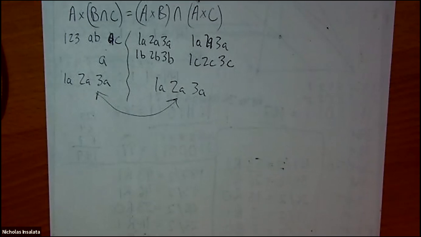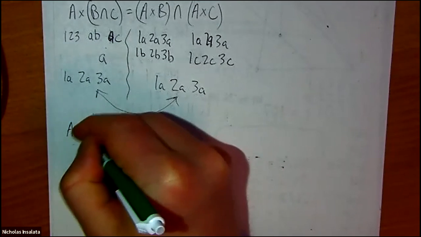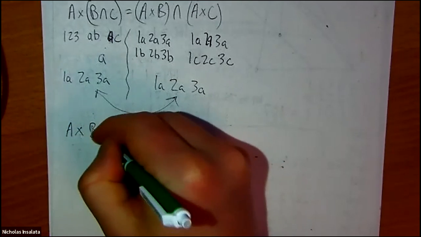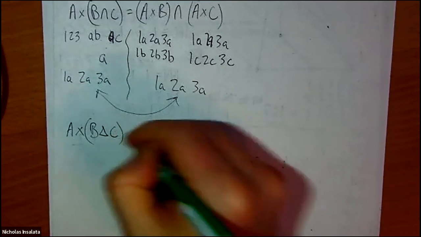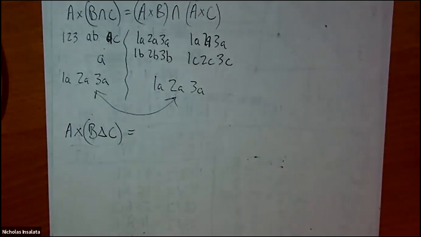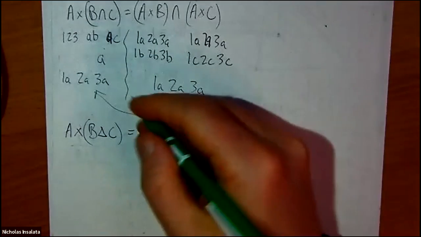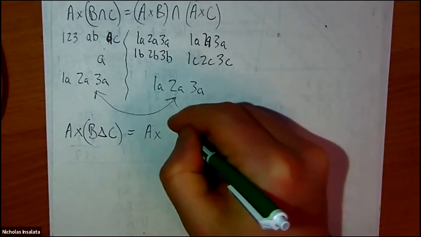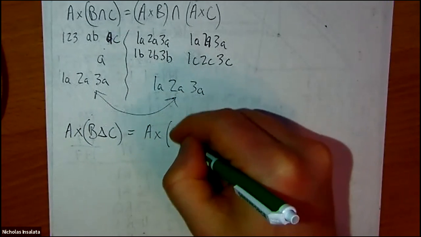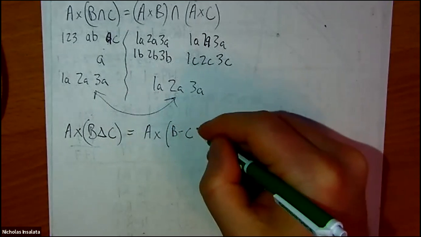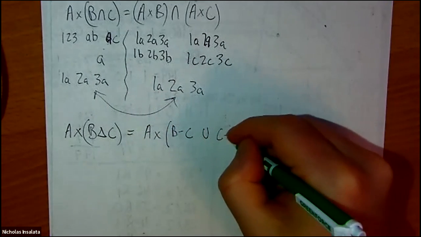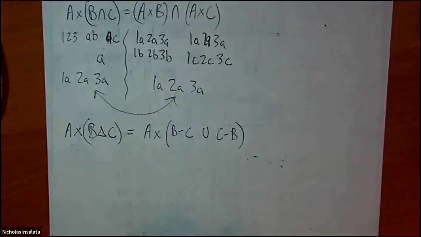So we'll have A cross B triangle C. Okay, and let's see if we can do a little derivation here. Well, if we plug in the definition of symmetric difference, we'll have A cross B minus C union C minus B, right?